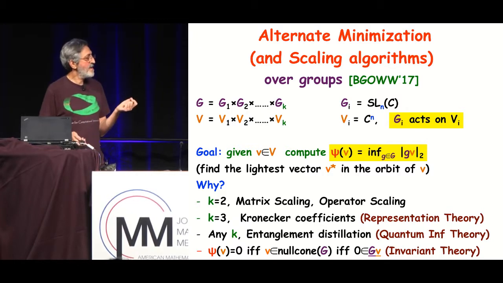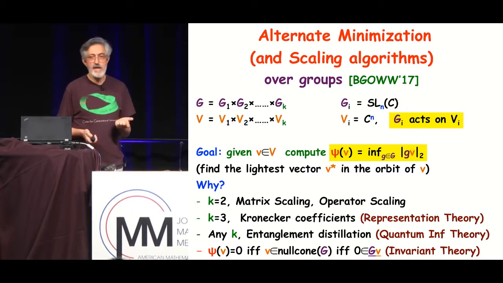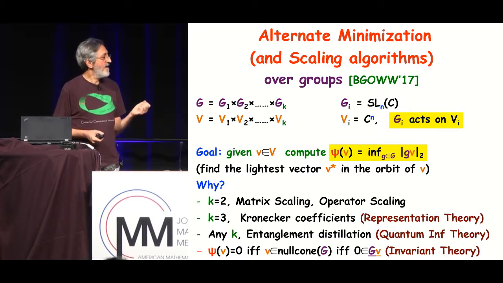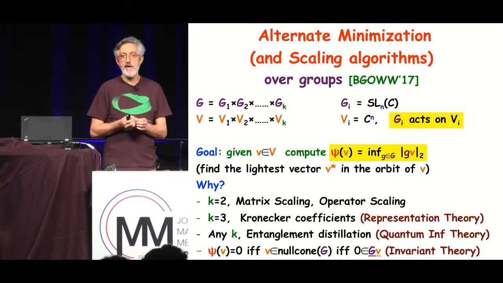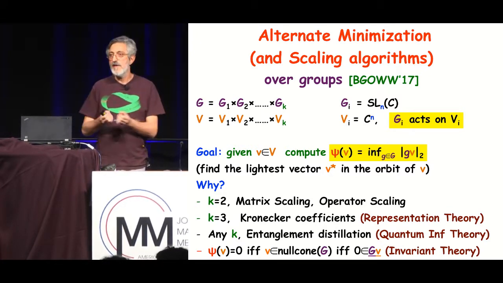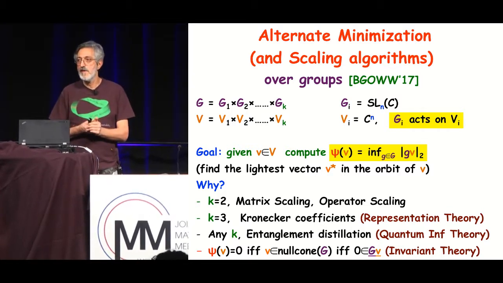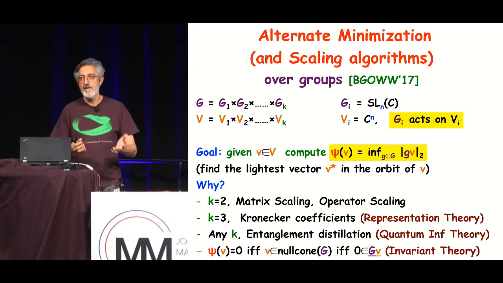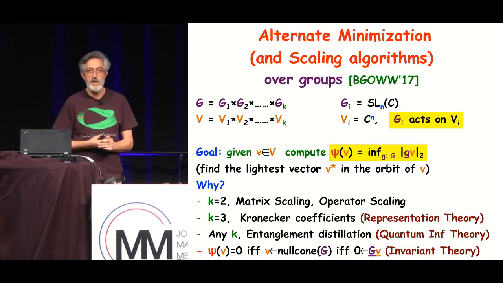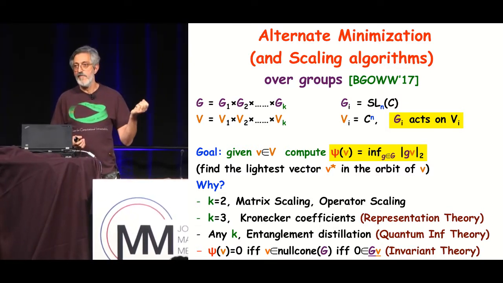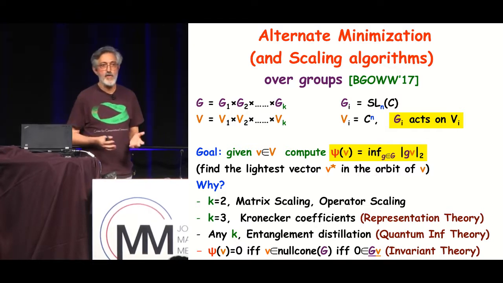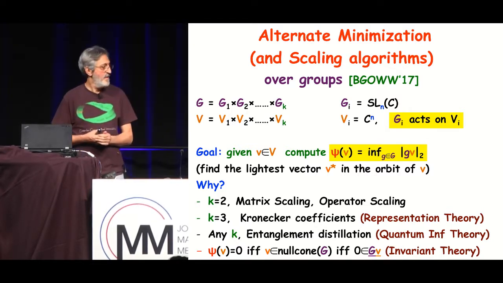And the reason it's basic is that it has a meaning in invariant theory. You look at this optimization problem, you're trying to find the lightest vector, and the main question is whether the lightest vector shrinks to 0 or not, that is, whether you can make it arbitrarily small. And you can make it arbitrarily small if and only if the initial vector that was given to you is in what's called the null cone of the group action.